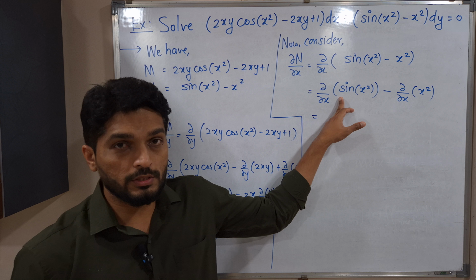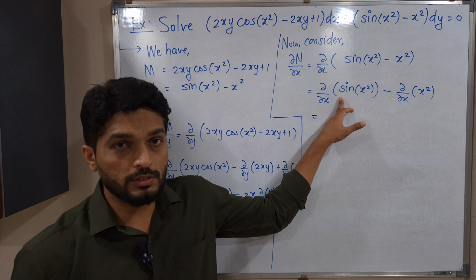Now we have to focus on the partial derivative of N with respect to x, and we have to check whether both of them are equal or not. If both of them are equal, then only we can say it is an exact differential equation. Now consider the partial derivative of N with respect to x. I am differentiating N with respect to x.